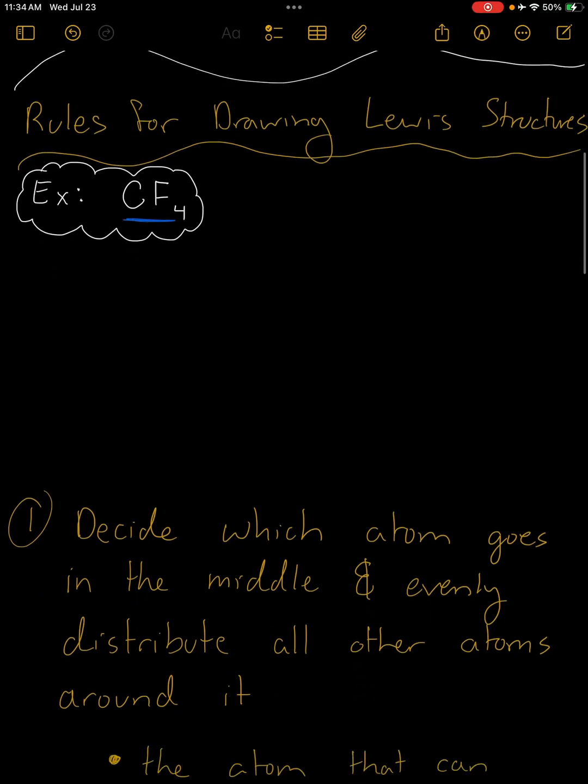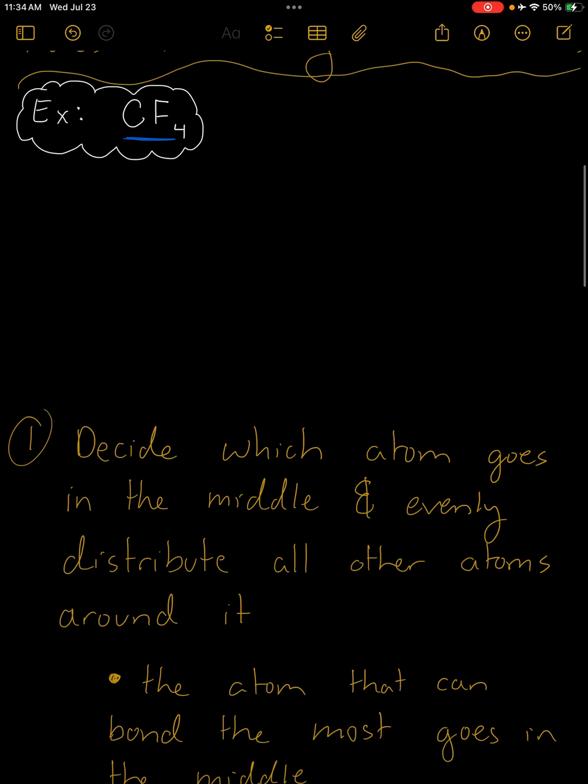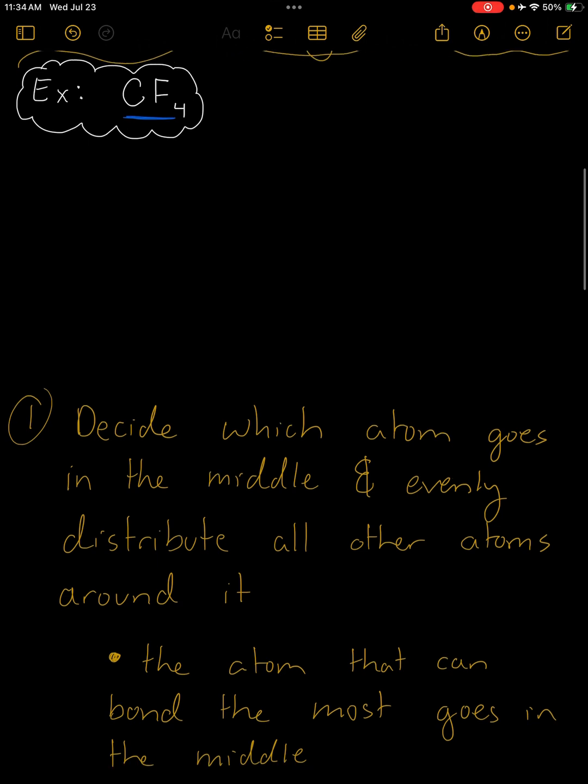So the first rule for drawing a Lewis structure is we have to decide which atom in the molecule is going to go in the middle of our structure and which ones are going to be distributed around it. So there's a couple of things to pay attention to there. The atom that can bond the most amount of times is going to be the one that goes in the middle.